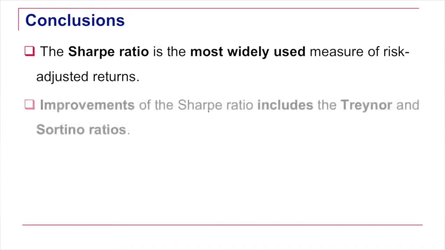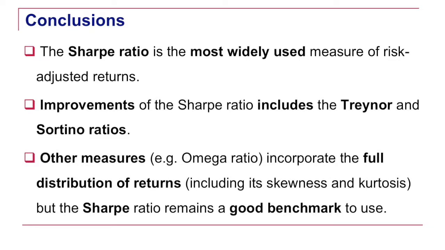We may improve the Sharpe ratio by taking into account the fact that the distribution of returns may not be normal and may have this skewness and kurtosis. So there are measures that adjust for this kind of deviations from the normal distribution. But all in all, I would say that the Sharpe ratio provides a very good first measure and a good proxy to use when you want to assess the risk-adjusted returns.